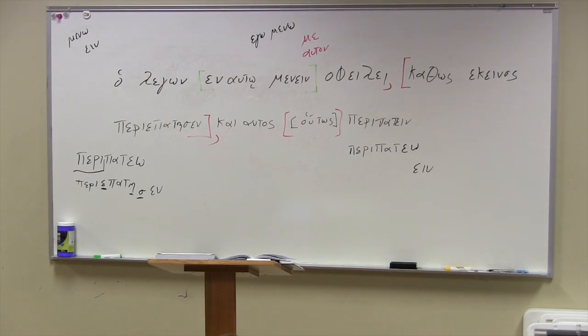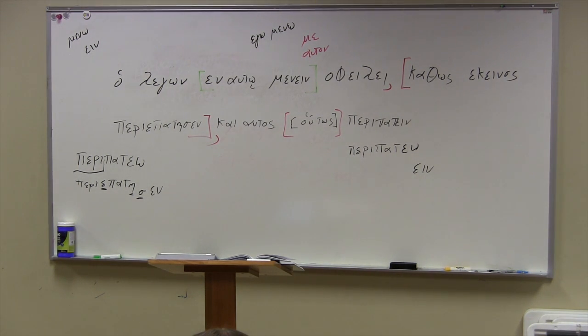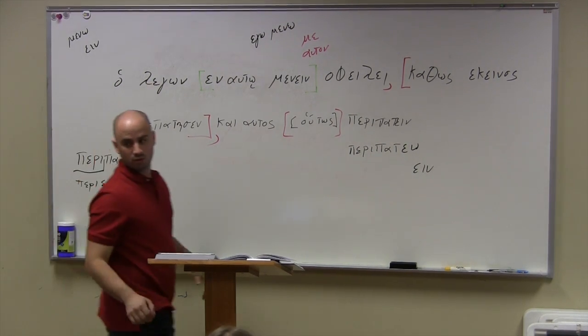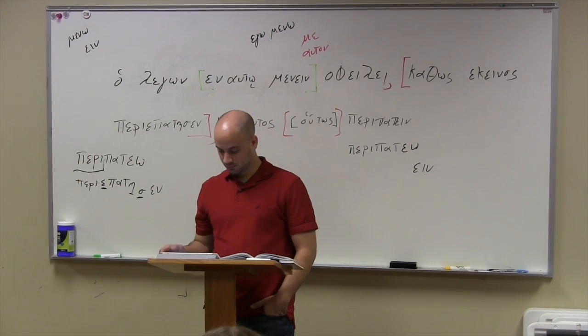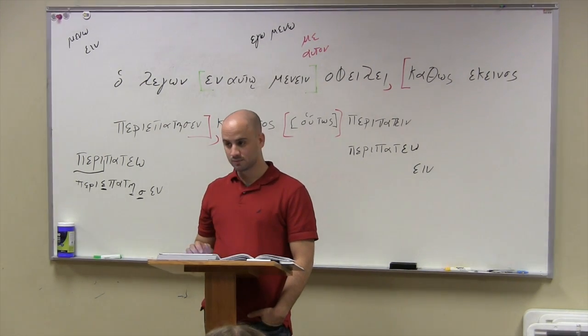You sure that's not peripatesin? That's where it is. So to walk, that's the one that you're looking for. And that's confusing because of the way that he's ordered the clause versus the way that the Greek text is ordered. Because it was like, this is an aorist.